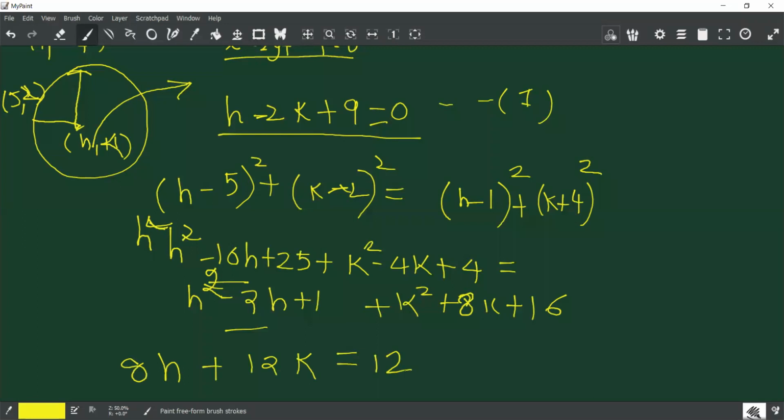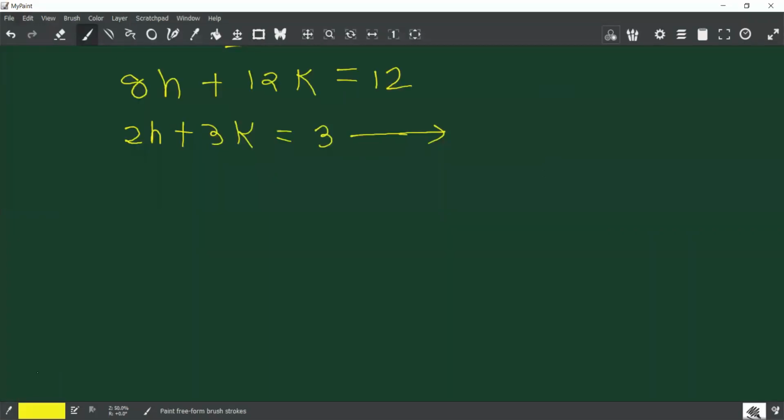Check, for minus 40, absolutely right. 15, check the answer. Only the constant term, the rest is okay. So you divide. ये आ गया. So you solve this equation with the earlier equation. Correct?